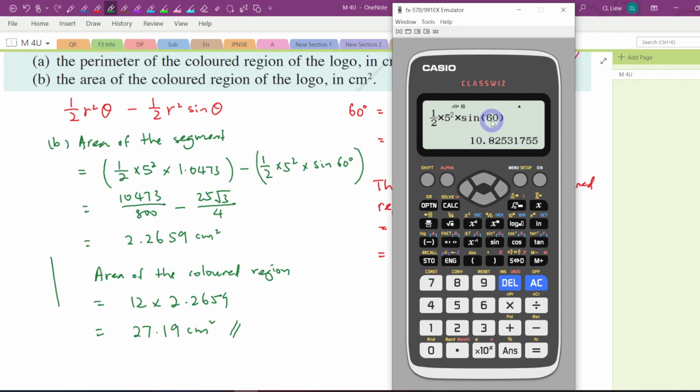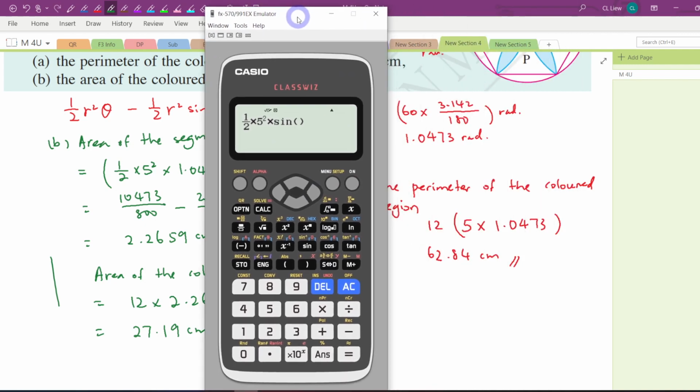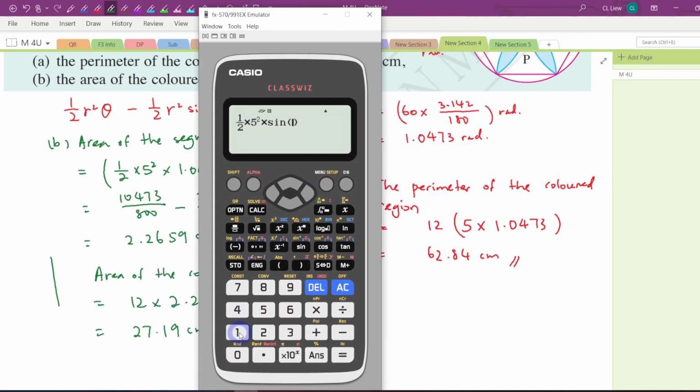Now if you use this one in radians, how do you key in your calculator? Let me key in 1.0473, but this time you need to let your calculator know that this is in radians.